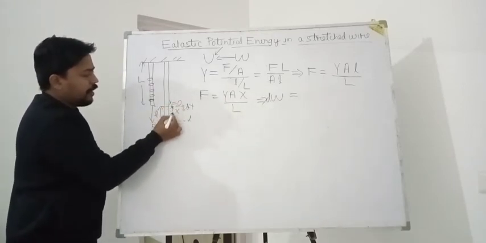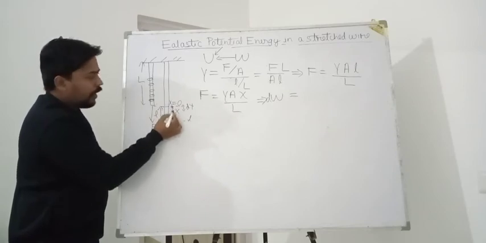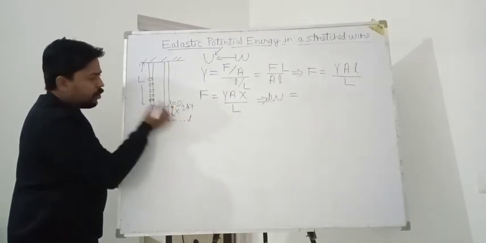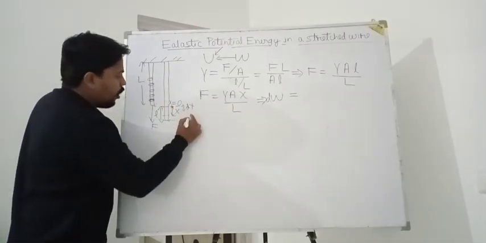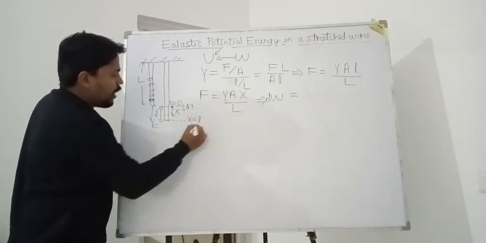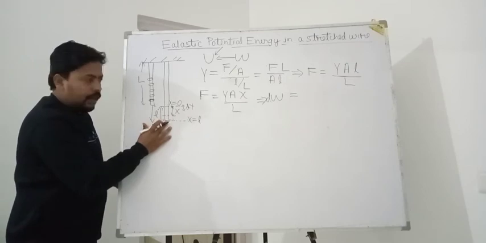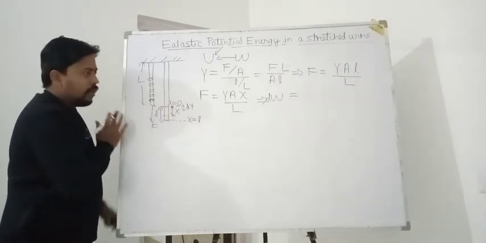If I consider x to be the variable length, at this point the extension is 0. And at this point the value of x has become small l, because it has reached its final length.